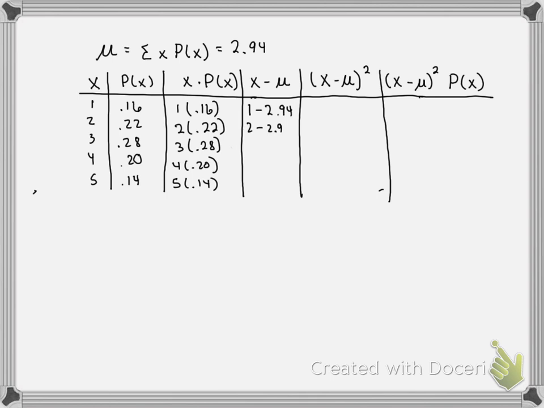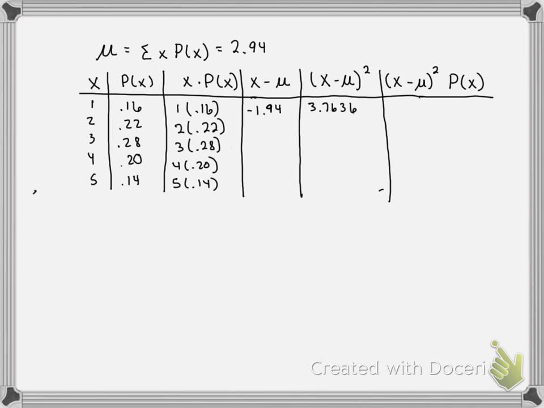So 1 minus 2.94 is negative 1.94. So on your calculators then, you would immediately hit the square button, okay?